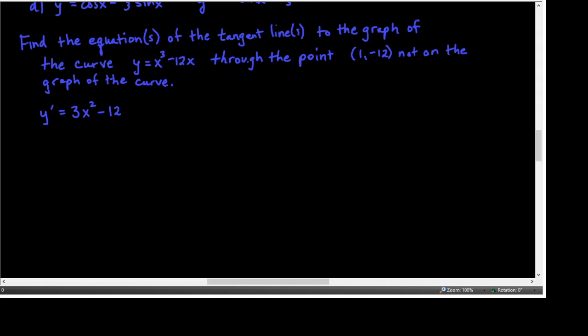All right, so now that we have that, we know that the tangent line will take the form, because of the point given, of y minus negative 12, that is y plus 12, equals m, whatever the slope is, times x minus 1.